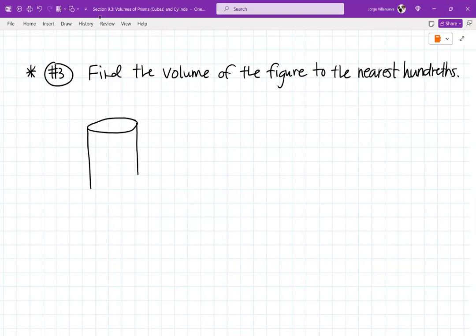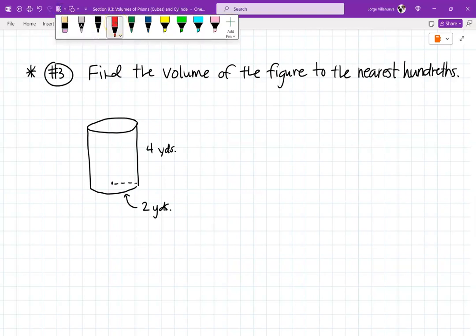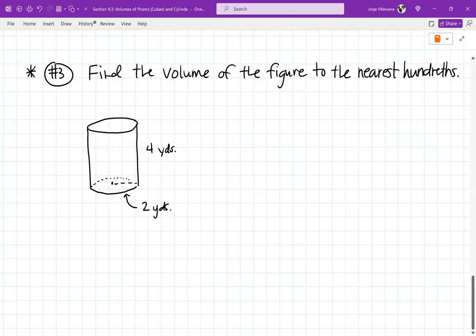I'm just going to draw one out like this. I'm going to put 4 yards, and then right here, the little arrow, and it's going to say 2 yards. So I have a cylinder with a height of 4 yards and a radius of 2 yards.